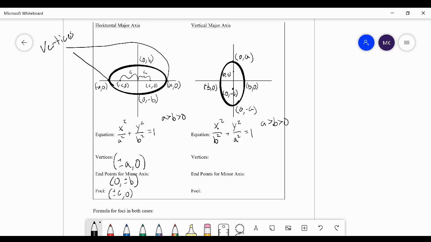Our vertices are 0 comma plus minus a, endpoints are plus minus b comma 0, and our foci are now 0 comma plus minus c. By labeling them this way, you can keep track: vertices are the a's, endpoints are the b's, foci are always c's. Whichever is bigger is a, smaller is b.